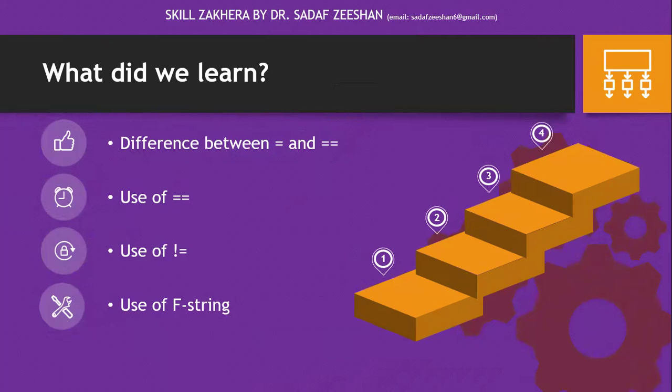So we did a lot of learning today. And what did we learn today? We learned the difference between equal to and double equal to sign. Equal to is going to be used to assign a value to a variable, whereas double equal to sign is used to tell us whether a condition that you have suggested is true or false. So we use double equal to suggest something is true, and exclamation mark and equal to suggest something is not true or is false.